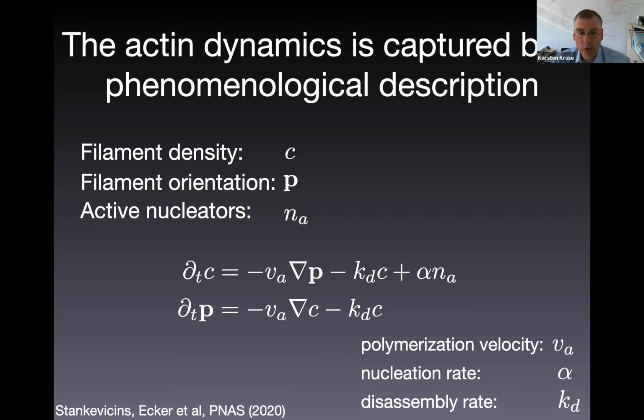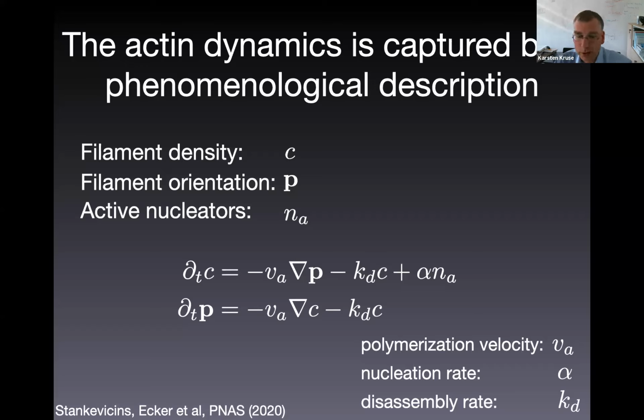Similarly for the polarization field P, which has very similar terms. However, there's no nucleation term, because the nucleators generate actin filaments with random polarization, with random orientation, so there's no contribution there. If you don't like this approach of writing the equations down, you can also go to a more microscopic description. And then if you coarse grain that one, you arrive at the same equations.